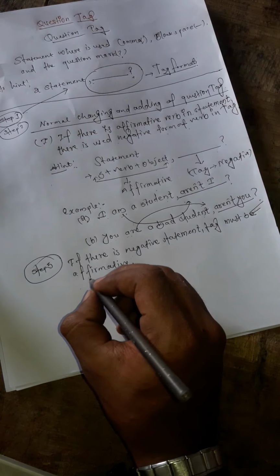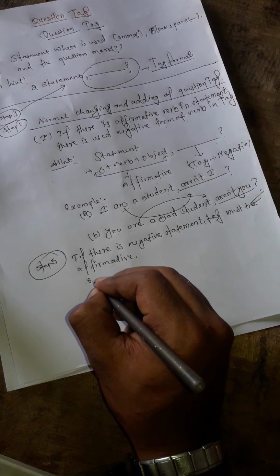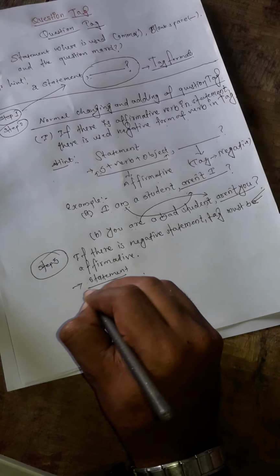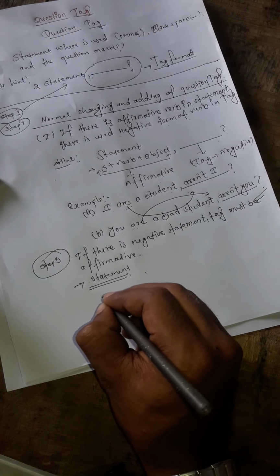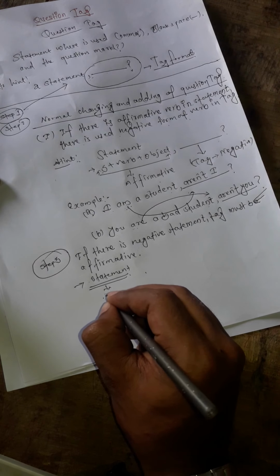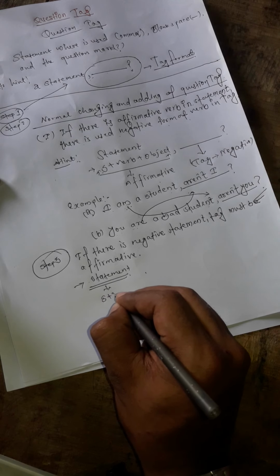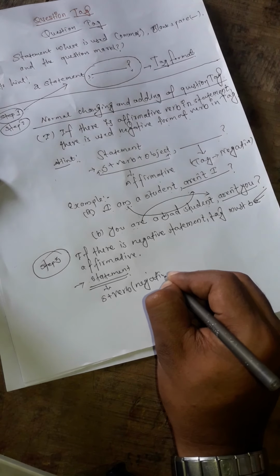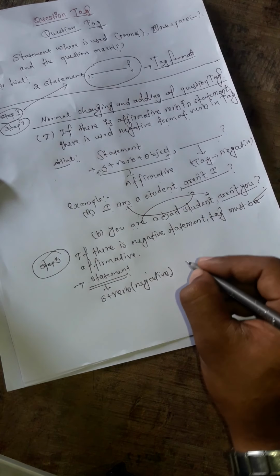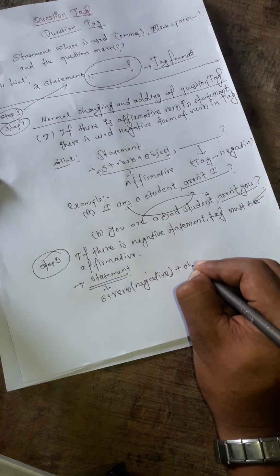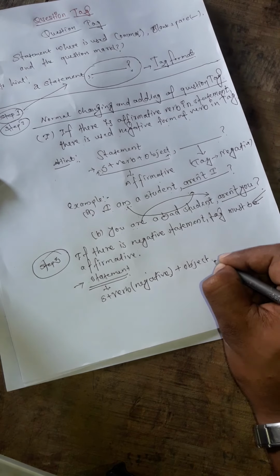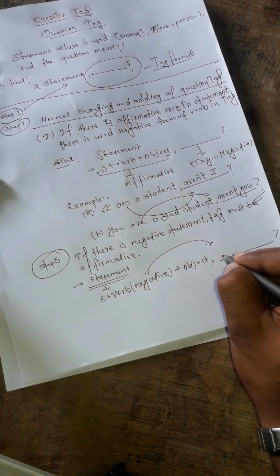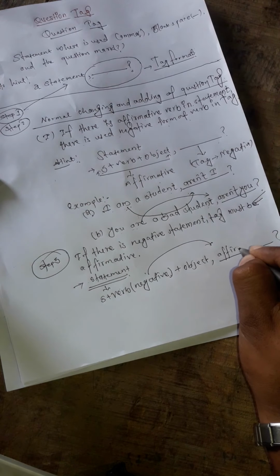That means, for the statement, if the statement is negative, subject plus negative verb and then object, in the tag this verb must be changed into affirmative.